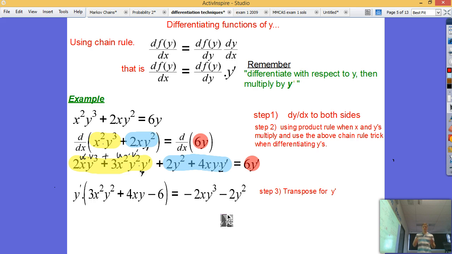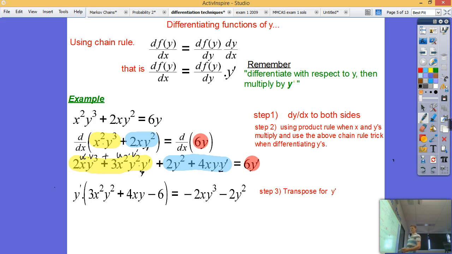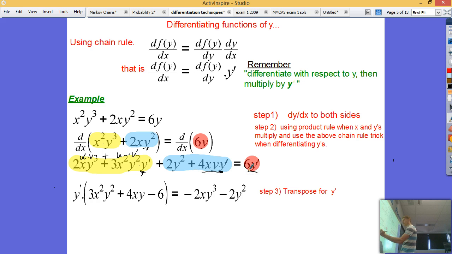Now the job is, we want to transpose for y dash. What is the derivative itself as a rule? So collect all your terms. This is a y dash term, that's a y dash term, that's a y dash term. Collect all your y dash terms, and then factorize that y dash out as a common factor.